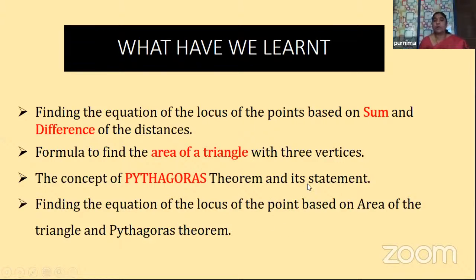So these are the things you have seen in today's class, children. So one is locus of points based on sum and difference of the distances, formula of area of triangle, concept of Pythagoras theorem, and sums based on the area of triangle and Pythagoras theorem.